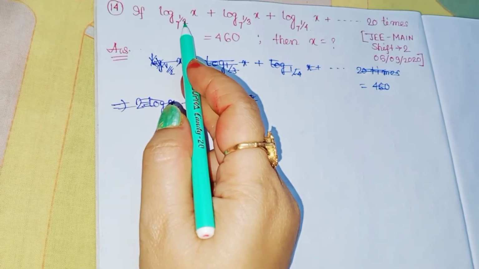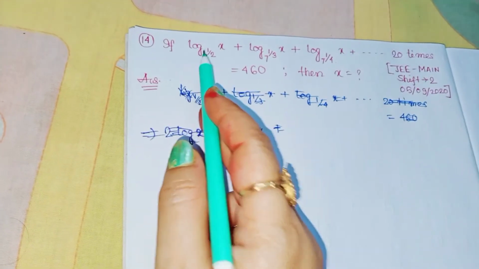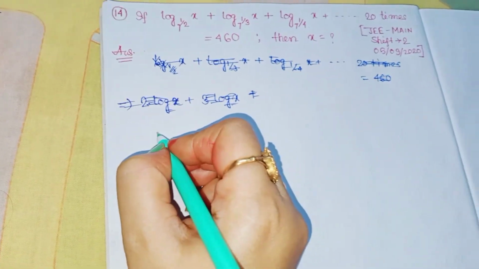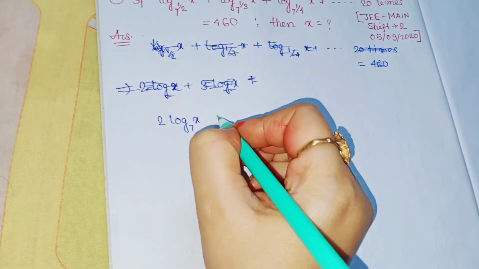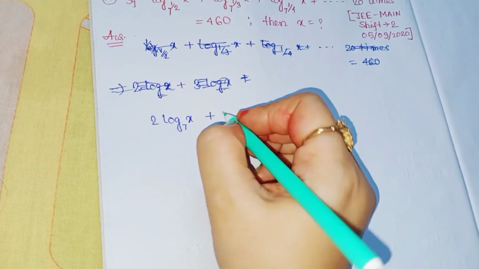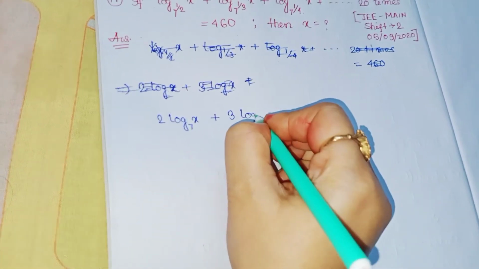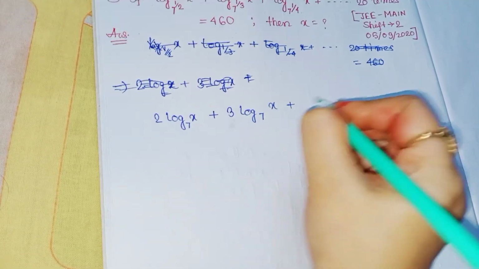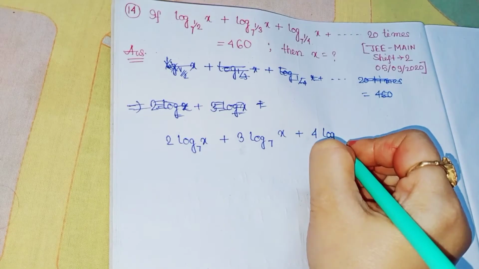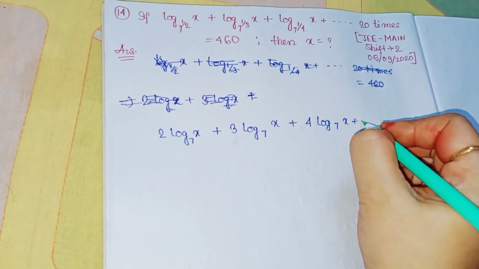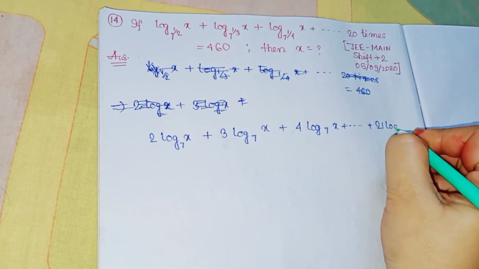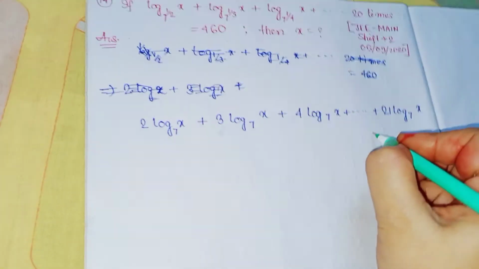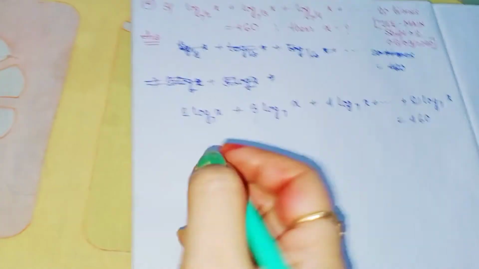So at first, evaluate log base 7 to the power half of x, and we finally get 2 log of x base 7, plus 3 log of x base 7, plus 4 log of x base 7, plus up to 20 terms, that means up to 21 log of x base 7, that is equal to 460.